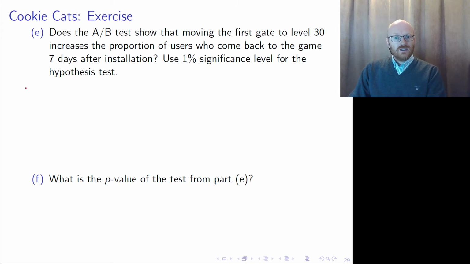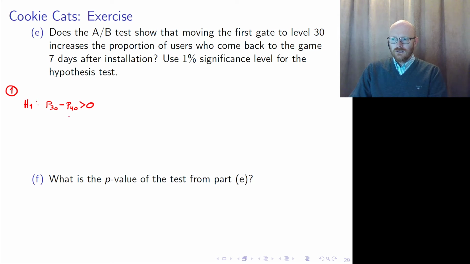So just like previously, we have to formulate our hypotheses. We start with the alternative hypothesis: what would make us change from level 40 to level 30? Well, if the proportion at 30 is higher than the proportion at 40, then we are inclined to change the game.